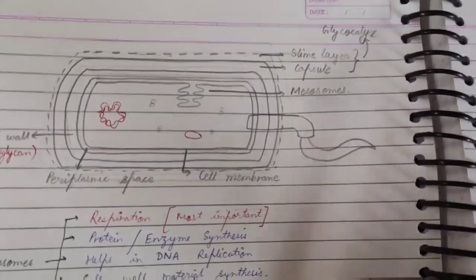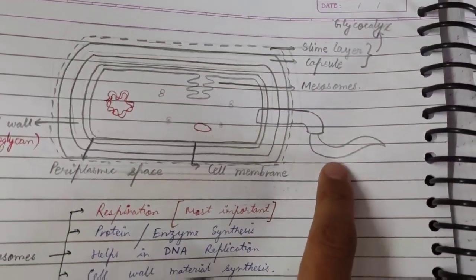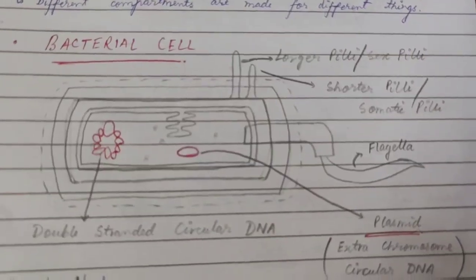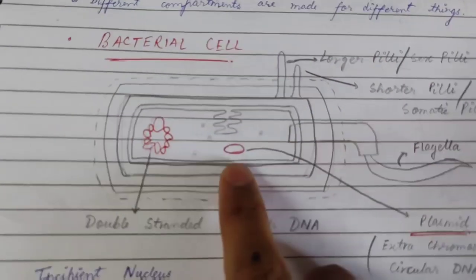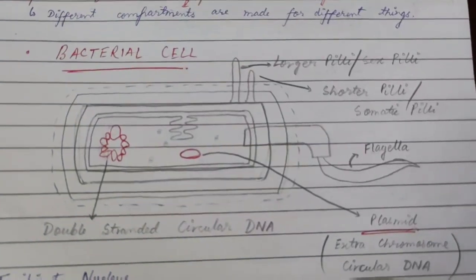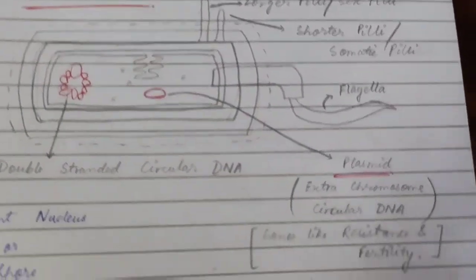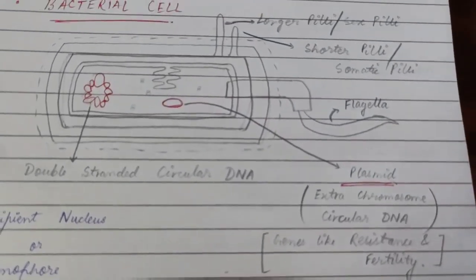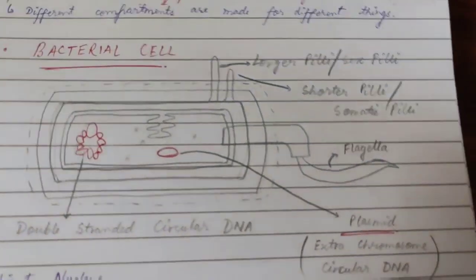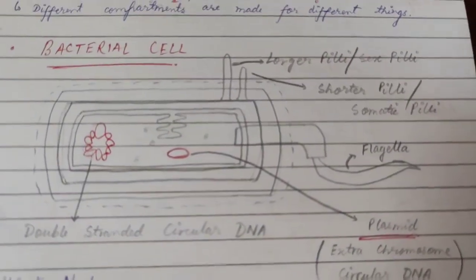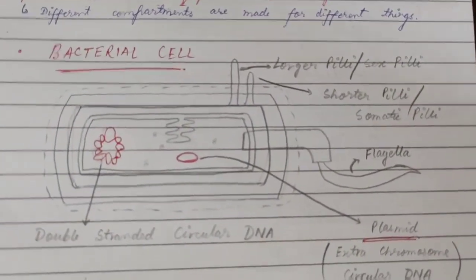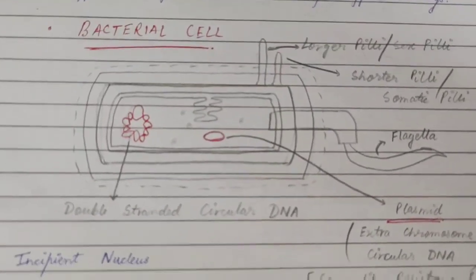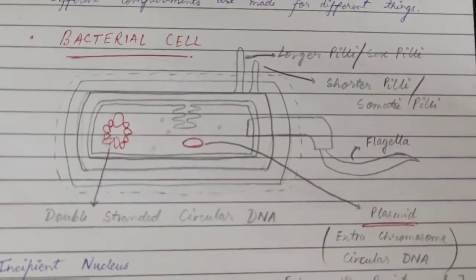Next, this is known as flagella. Flagella help in the movement of bacterial cells. The plasmid present in the bacterial cell contains some extra-chromosomal circular DNA, with genes for resistance and fertility. If a bacterial cell has a plasmid, it may have resistance to some medicines, because of which sometimes medicines do not work against that bacterial cell.